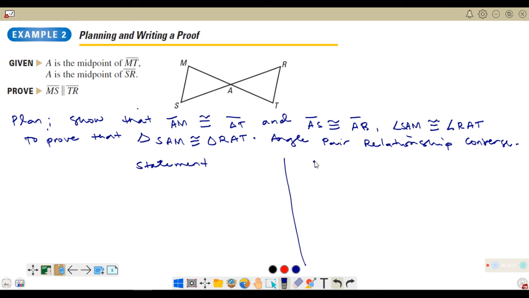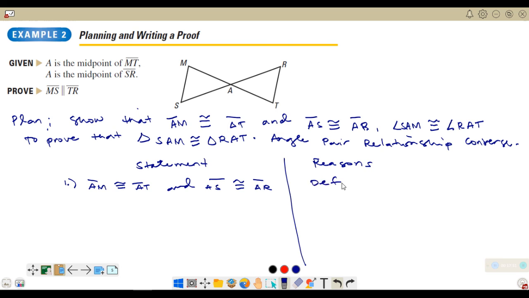So, here are the statements, and on the other side, we have the reasons. Statement number 1, unahin natin yung angle natin since that is the most obvious. Ay, hindi. Unahin natin yung mga given. Unahin natin si segment AM is congruent to segment AT, and segment AS is congruent to segment AR.